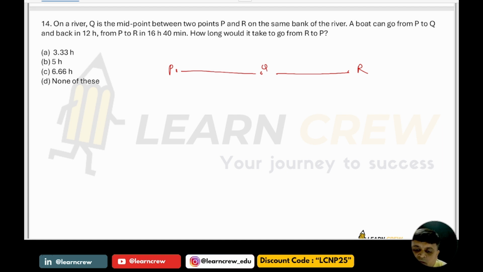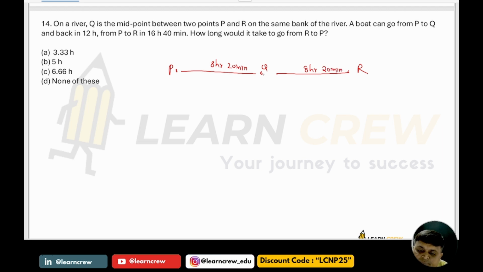From P to R in 16 hour 40 minutes. So what does it mean? It takes 8 hour 20 minutes from P to Q, and it also takes 8 hour 20 minutes from Q to R.